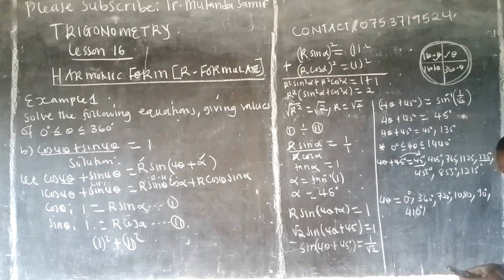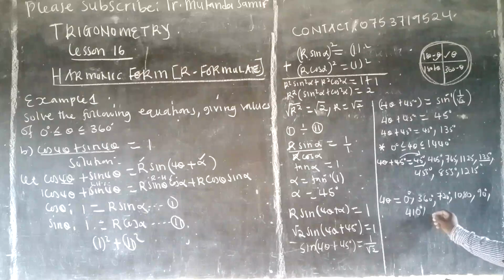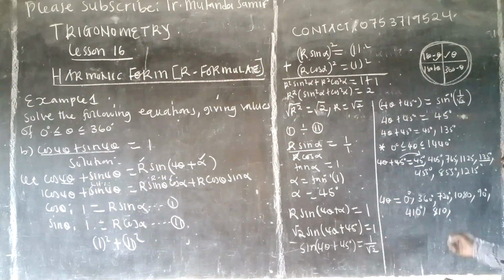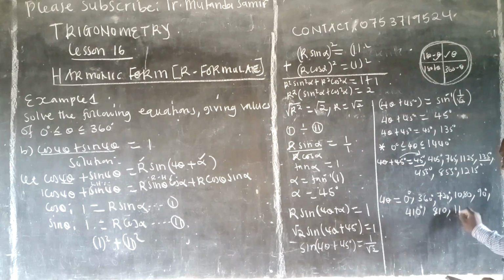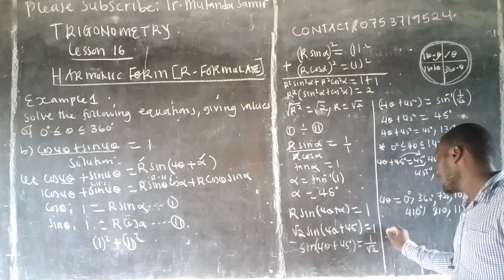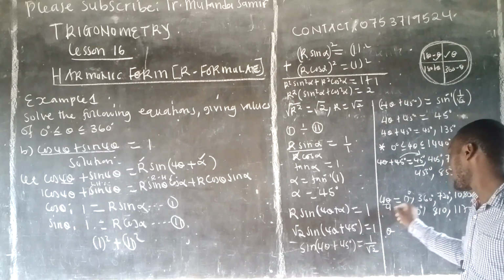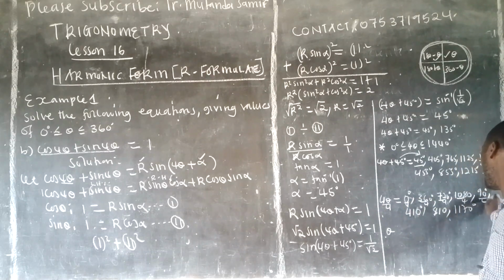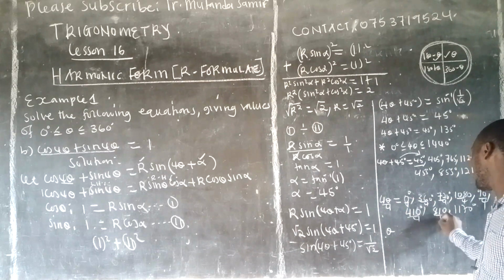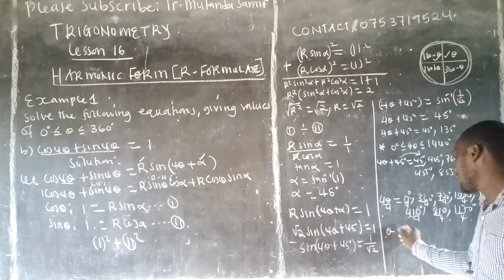Okay, so 855 minus 45 is 810. Okay, 1215 minus 45 is 1170, and that is it. So θ will be what? Here we divide by 4, divide by 4, divide by 4, and find the final answer.